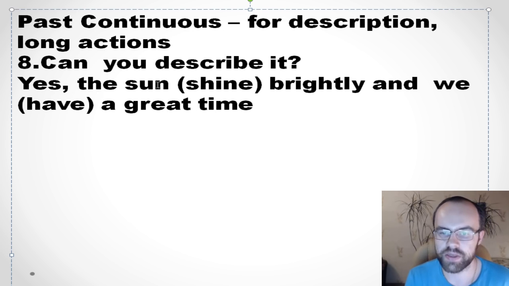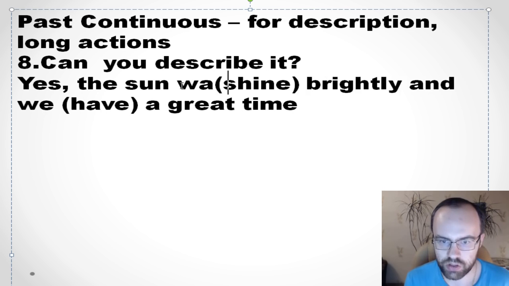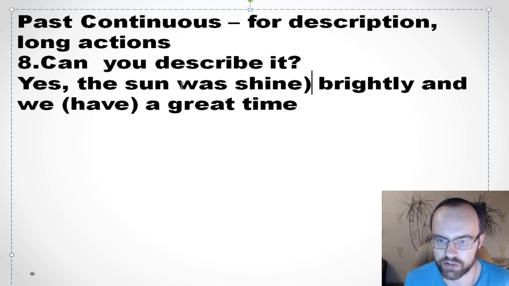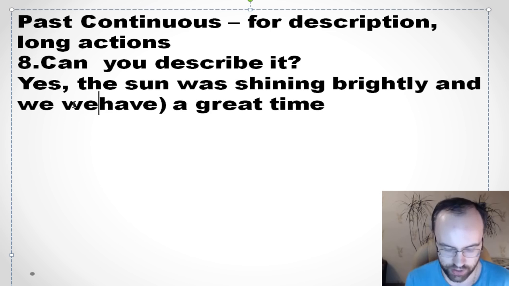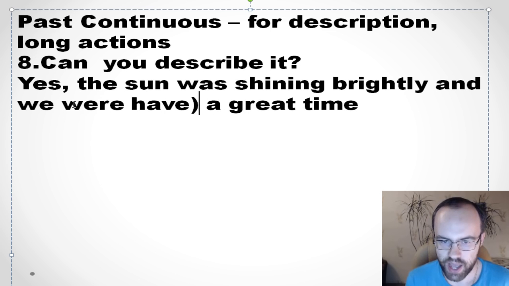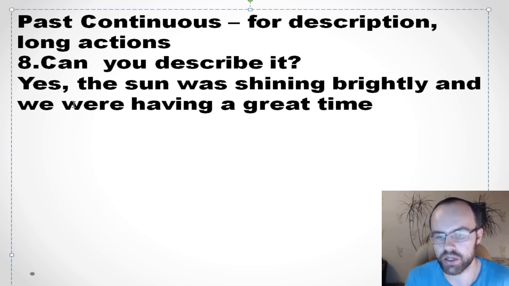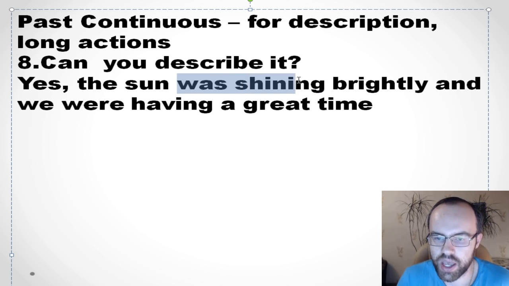So the sun was shining brightly. It's a long action, and we were having a great time. You can say it in past continuous, right? So can you describe it? Yes, the sun was shining brightly and we were having a great time.